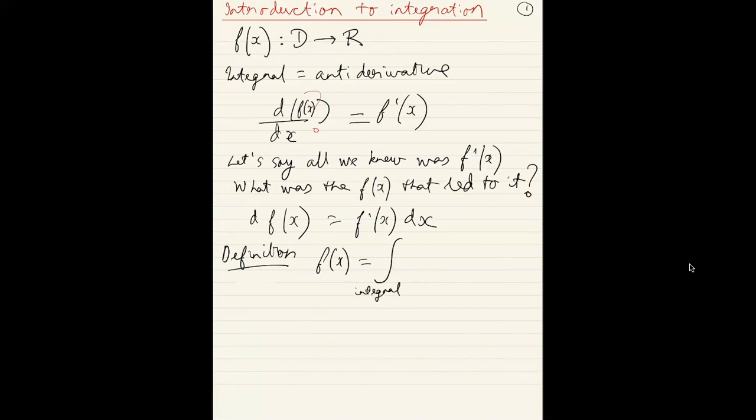It looks like a big S stretched in one direction. It's like an S got inside a black hole and then changed its mind and came out halfway through, something like that. So this is going to be integral of df of x, which is the same as per the above equation as f prime of x dx. So this is the key definition of integral in one variable. Let's see what it means.